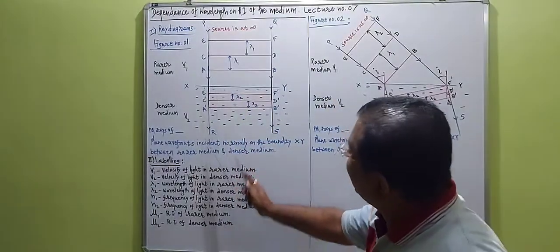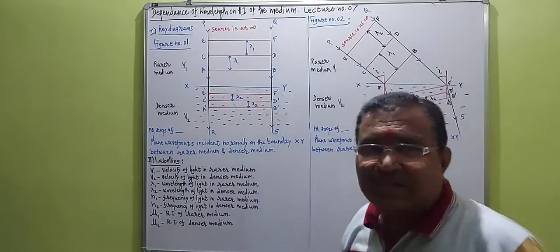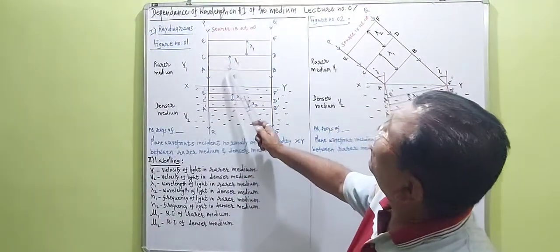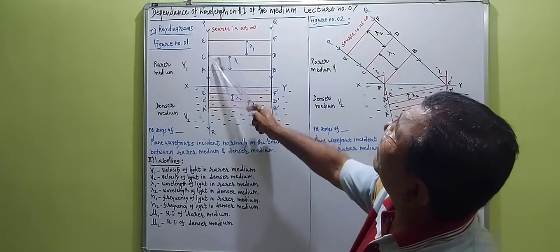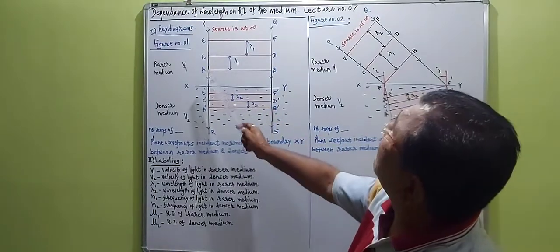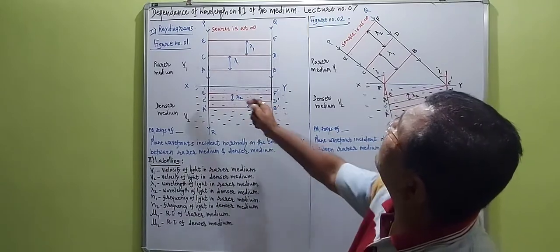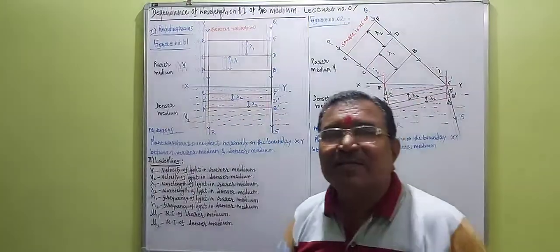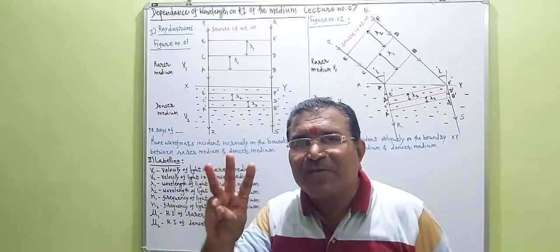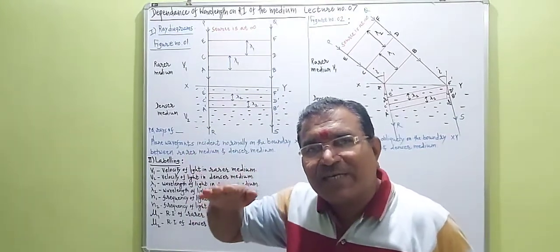So light is moving in a straight line direction. I have drawn three plane wavefronts. Those plane wavefronts A, B, C, D, E, F are equidistant.